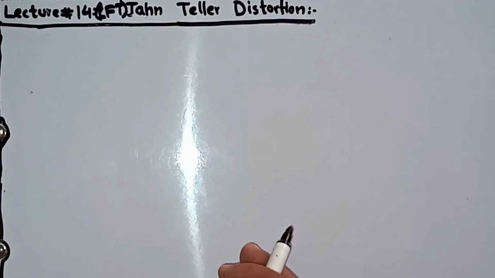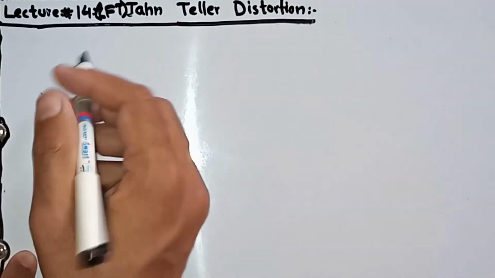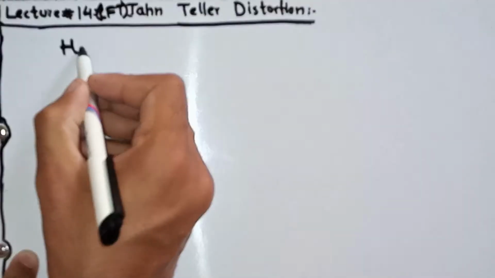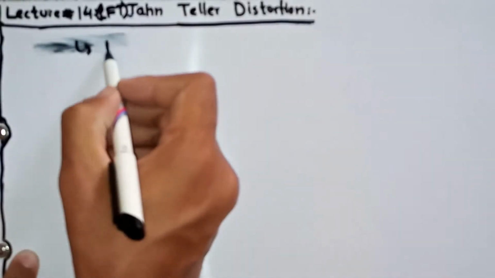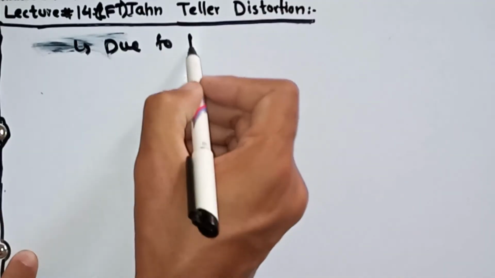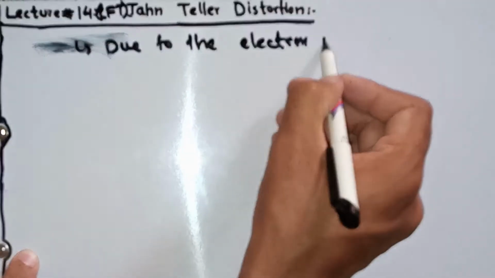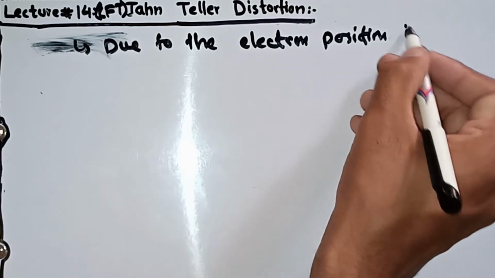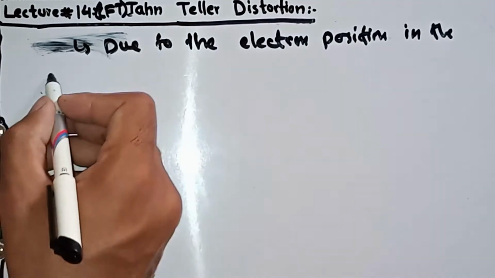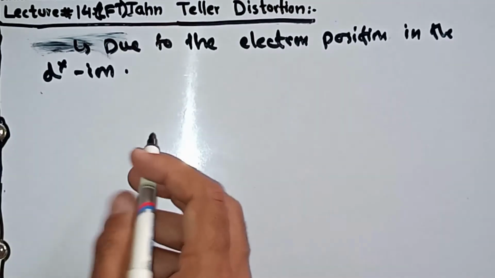So how does Jahn-Teller distortion occur? Jahn-Teller distortion is due to the electron position in the d orbitals, or in the d^n configuration.